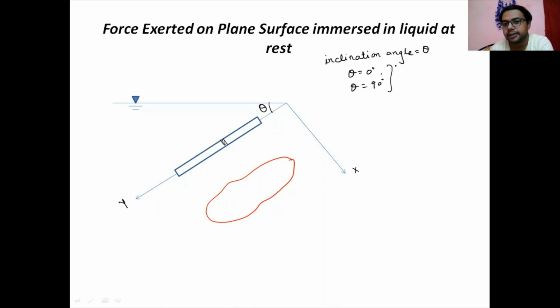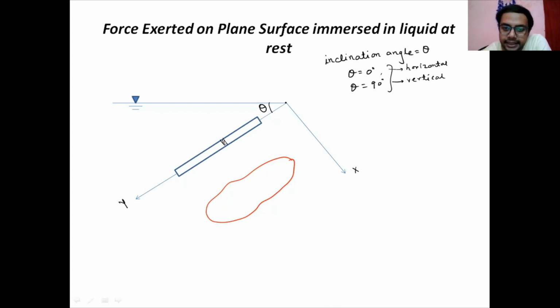So this is for the horizontal plate, and this is for the vertical plate. But to generalize this situation, we are taking some inclination angle theta.